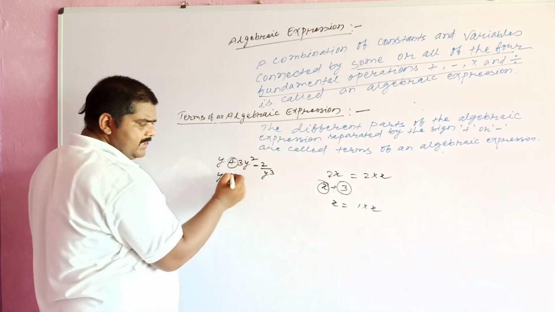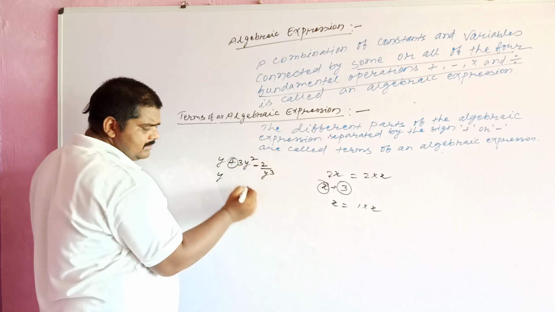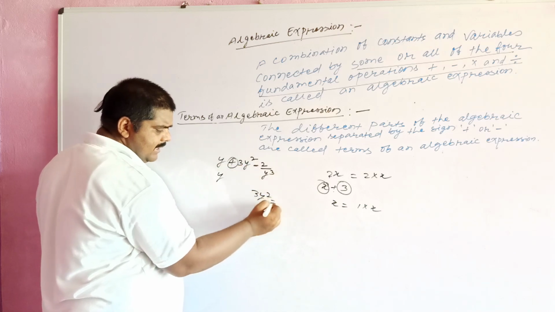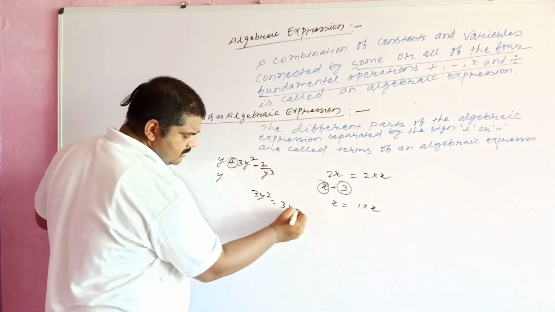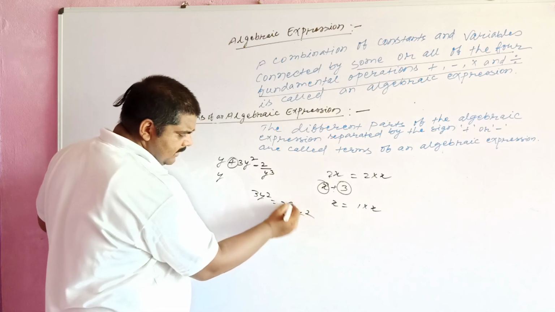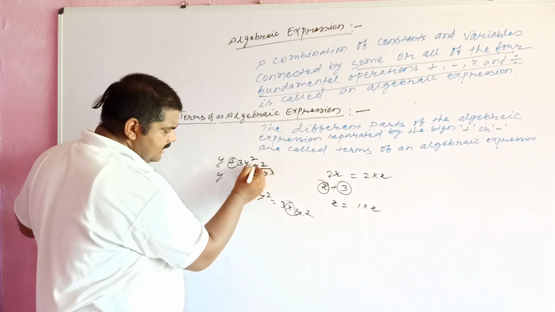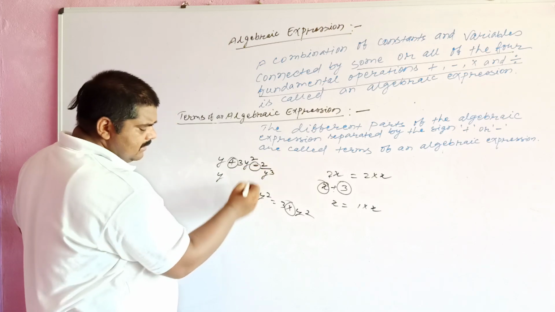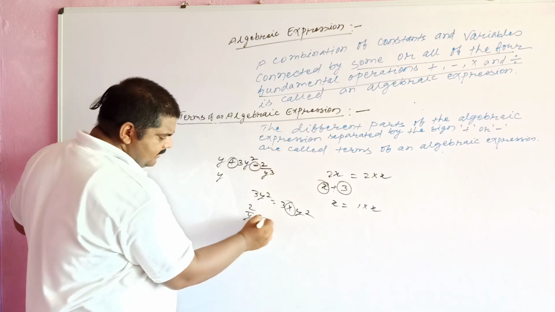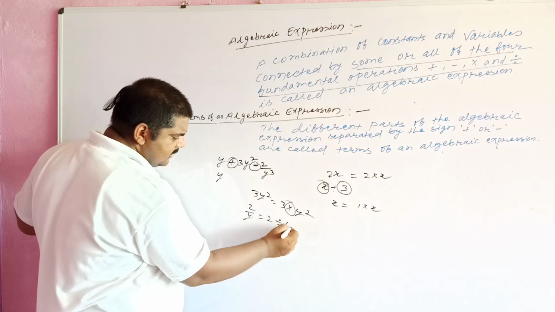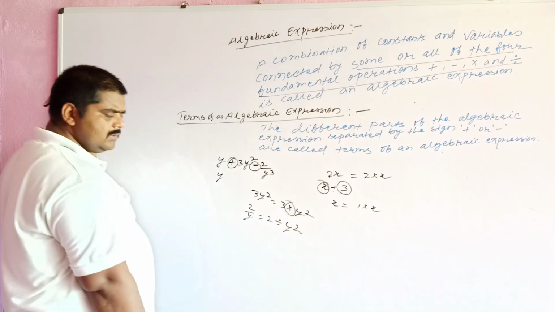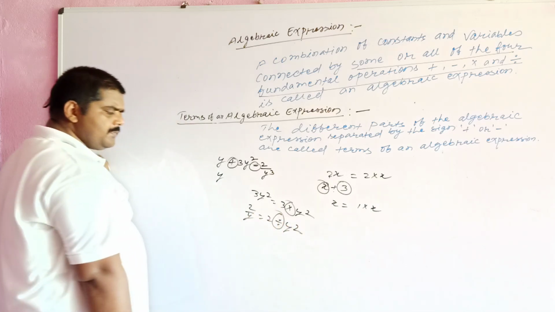Y, there is a plus sign, and here 3y squared can be written as 3 into y squared. So here is a plus sign, and there is a negative sign, and 2 upon y squared can be written as 2 divided by y squared, and there is a sign of division.